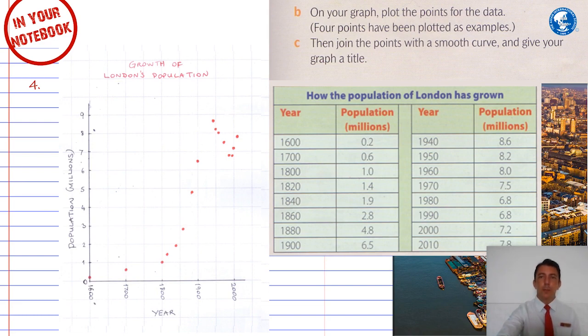Then you have to join the points using a smooth curve and give your graph a title. Well, I've already given my graph a title, Growth of London's Population. So now I just have to join up all my dots and we try to use a smooth curve. And there it is. Okay, so your graph should look like that.